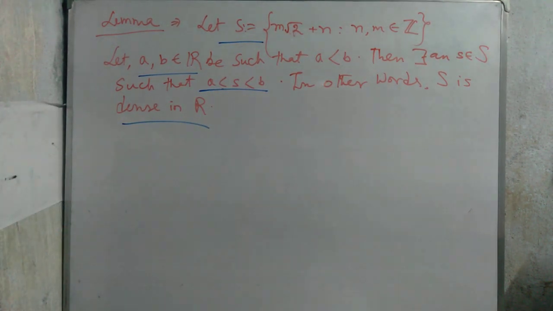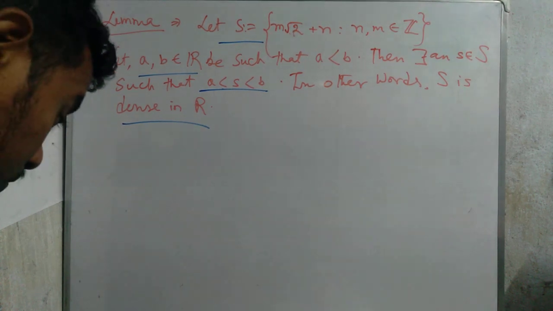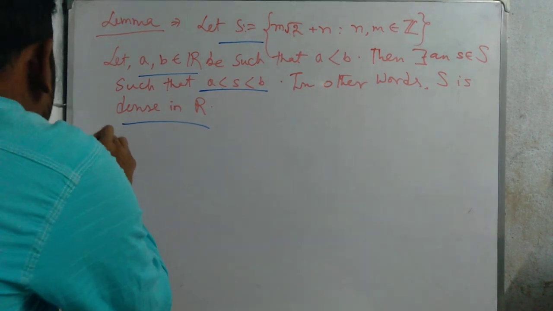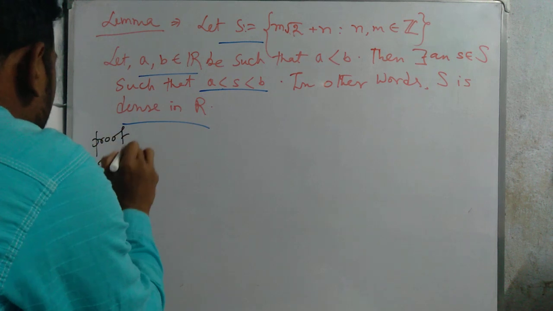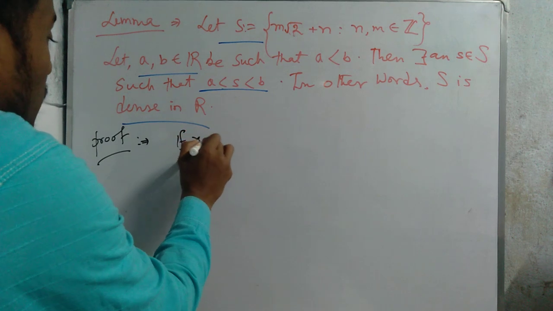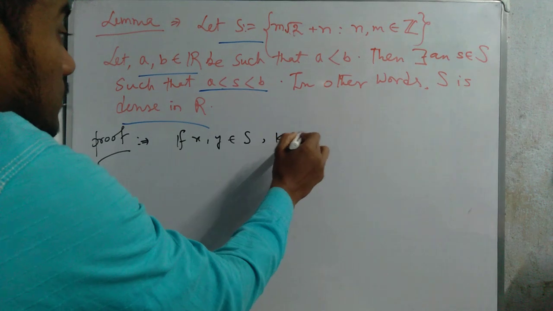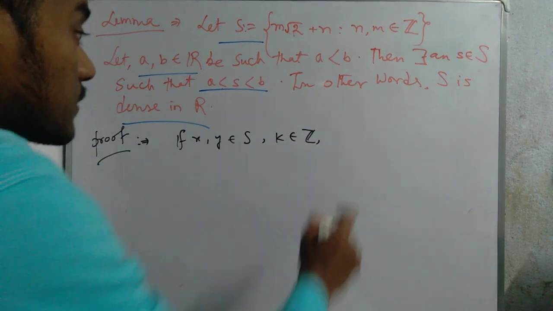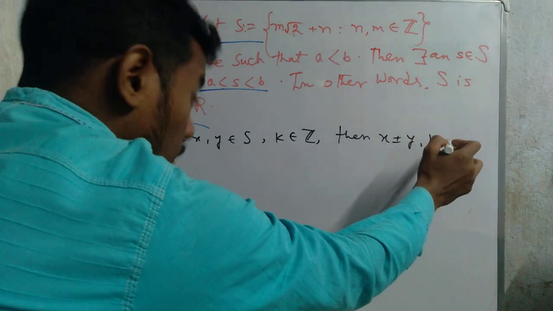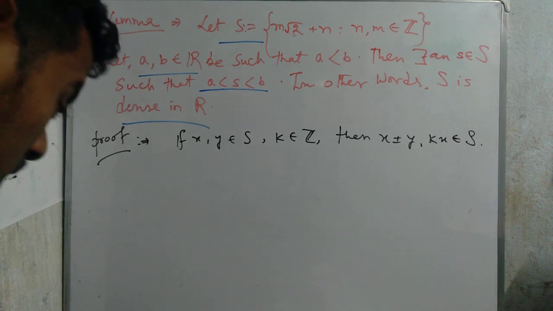How do we prove it? Now we're going to prove this. First, if x, y belong to S and k belongs to Z, then x plus or minus y, and kx, belong to this S. This one is too easy.